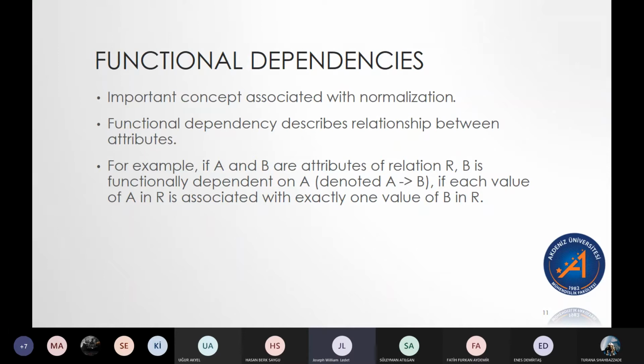A functional dependency is any time that one column's value is dependent on the value of another column, or one or more columns dependent on the value of one or more other columns. The way that we draw this is A determines B.